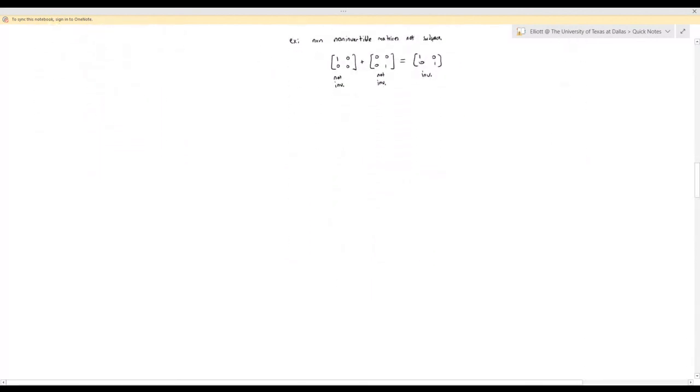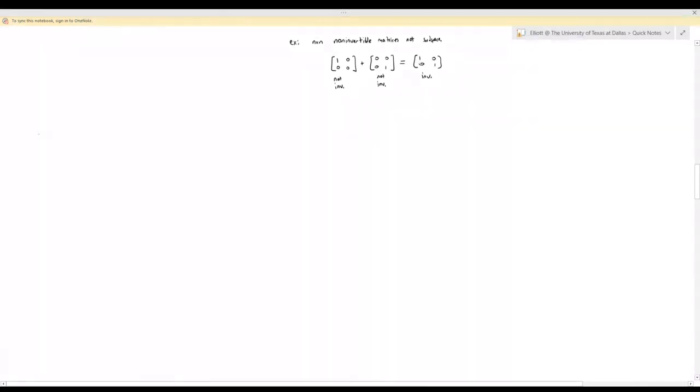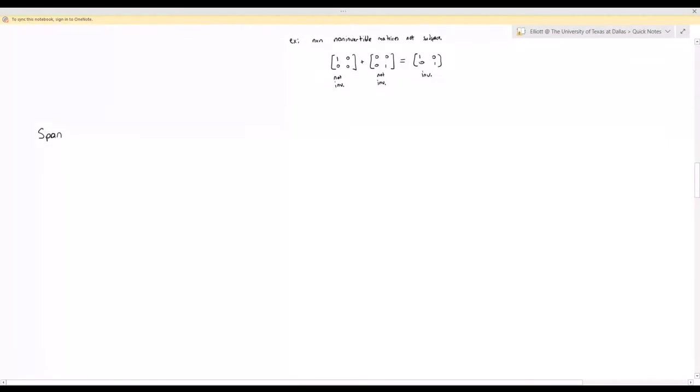Okay, that was a lot of work. Now I'm going to move on and talk about a new topic: the notion of span, which we've talked about in the past, but we're talking about it again in the context of vector spaces in general.